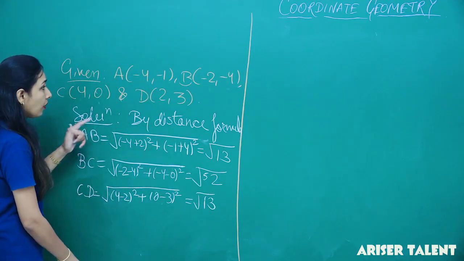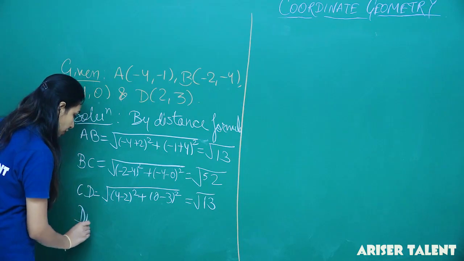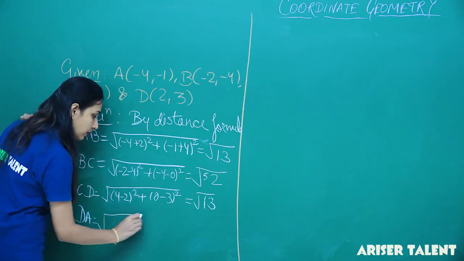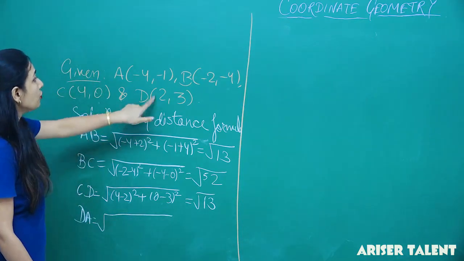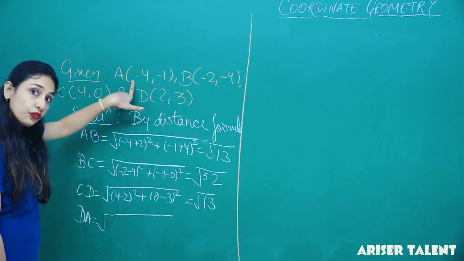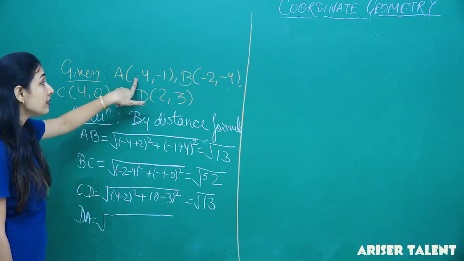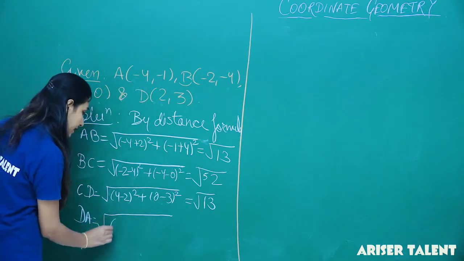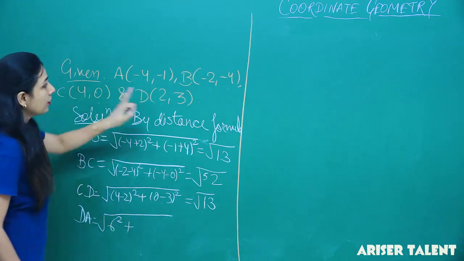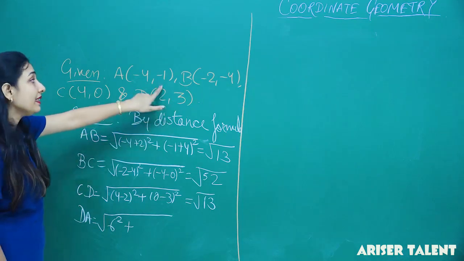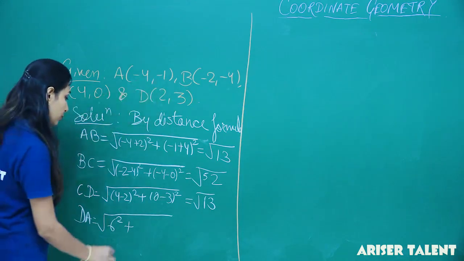Now if I talk about D and A, that will be root of (2 - (-4)) square, that is 6 square, plus (3 - (-1)) square, that is 4 square.